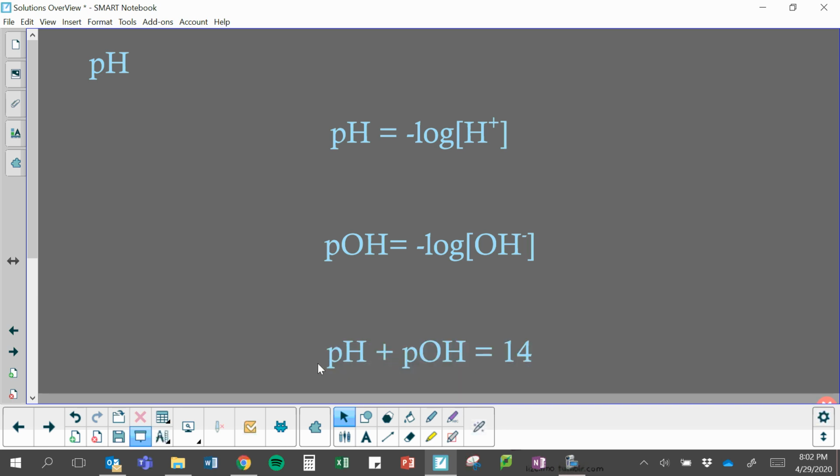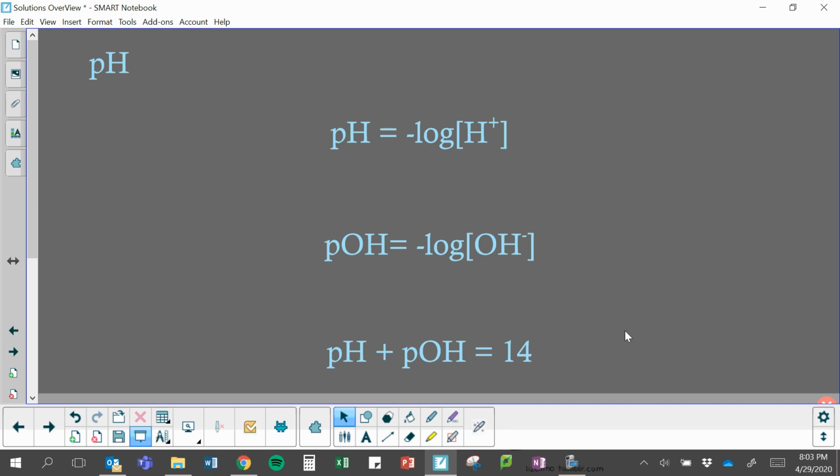But if you take the pH of a solution, the negative log of the concentration of hydrogen ions, and you add it to the pOH, which is the negative log of the hydroxide ions, it should equal 14. So if we're adding up how many hydrogens we have and how many hydroxides we have, and we added the pH and the pOH, it should be 14.